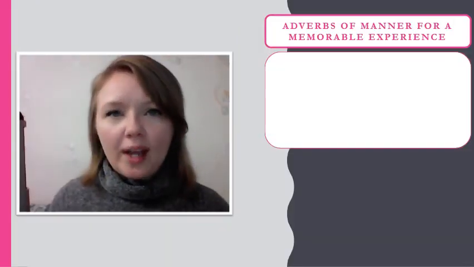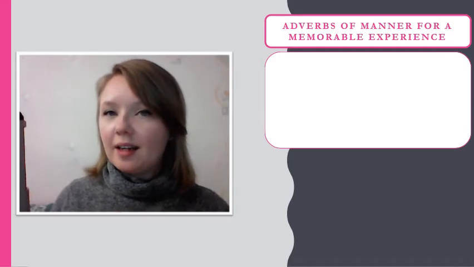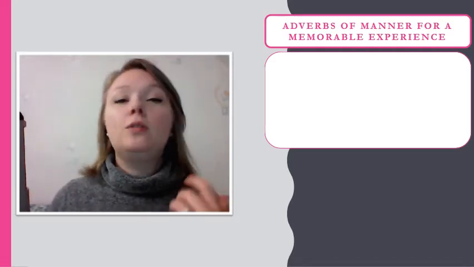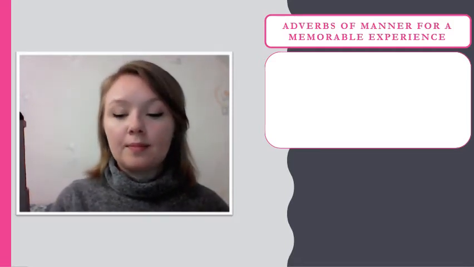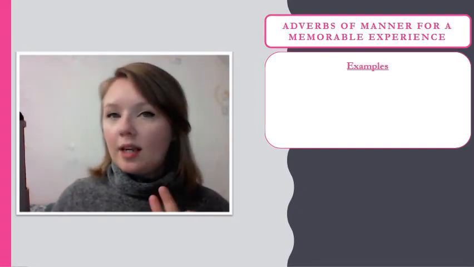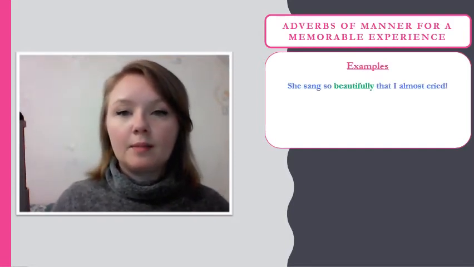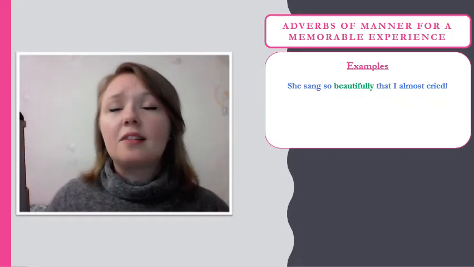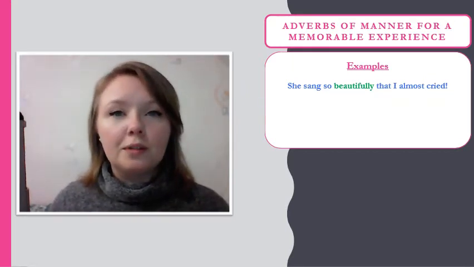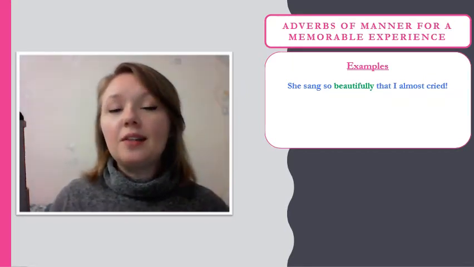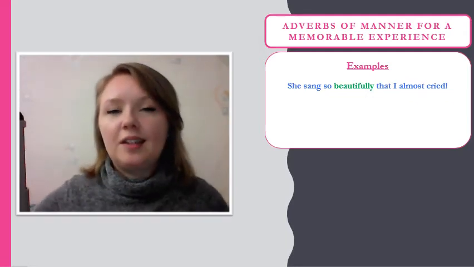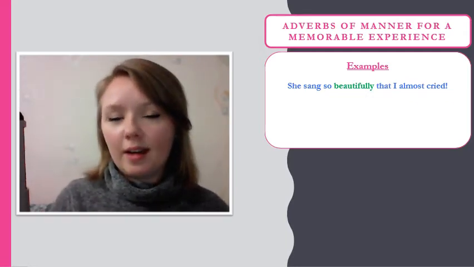So what are some ways we can use these excellent and helpful words to describe our experience? Again, let's look at 3 examples. She sang so beautifully that I almost cried. This is a very descriptive sentence that shows a lot of emotion, right?